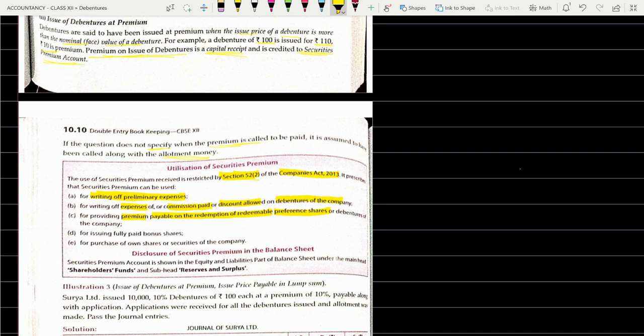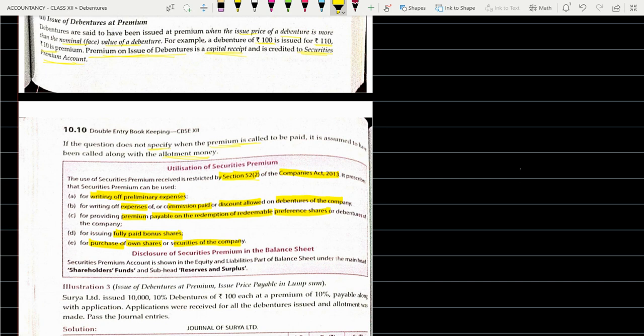And then for issuing bonus shares, that is, fully paid bonus shares. Even for this purpose, SPR is useful. And for the purchase of the company's own shares or securities. So if you want to purchase your own company shares or securities, SPR will be of great use.